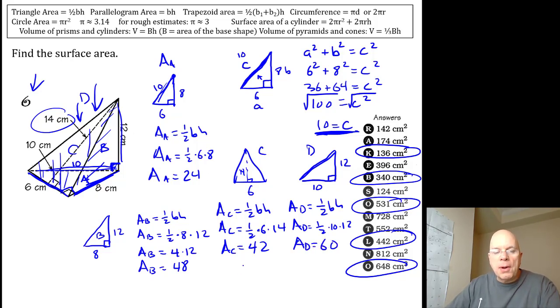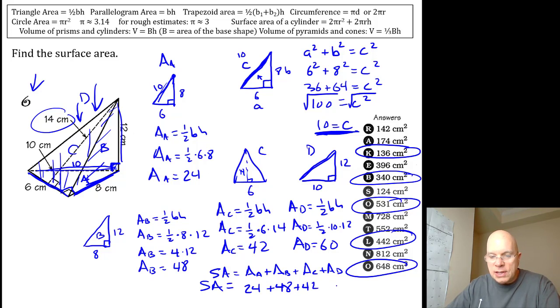So this is the first polyhedron on the sheet where we have no congruent faces. And so the surface area will simply be the sum of the 4 distinct faces. Area A plus area B plus area C plus area D. So substituting those areas that we've found, we have 24 for area A, plus 48 for area B, plus 42 for area C, plus 60 for area D. I see an opportunity to associate to my advantage, which you can do with a series of addition or multiplication, of course, because 48 and 42 is 90.